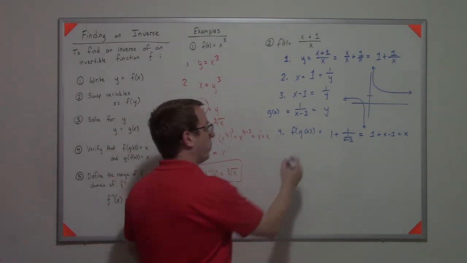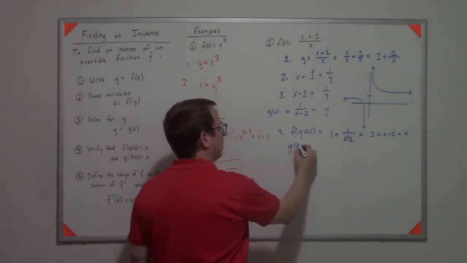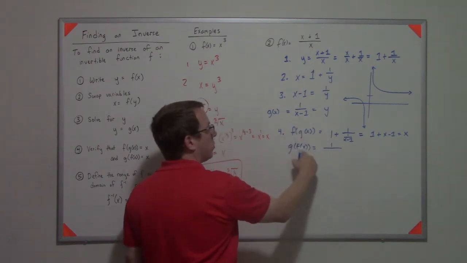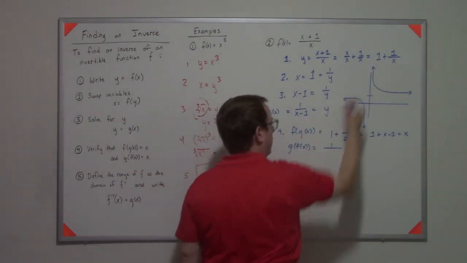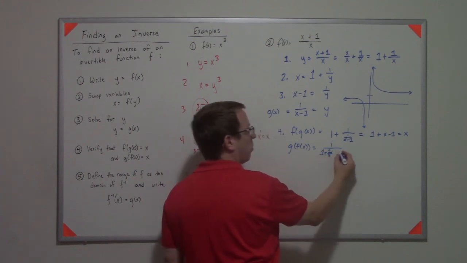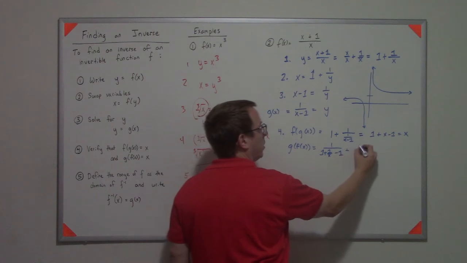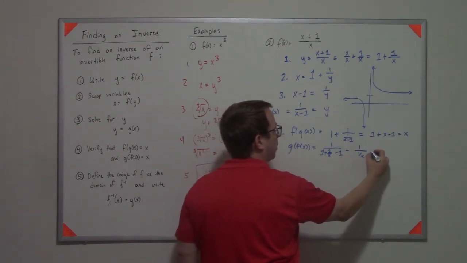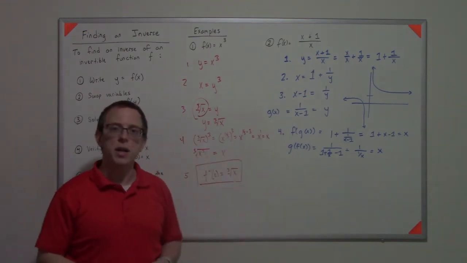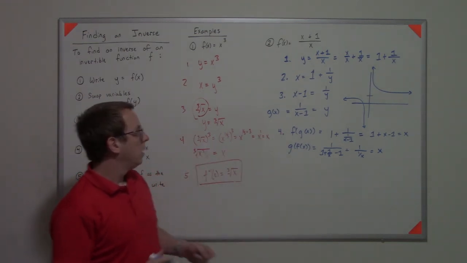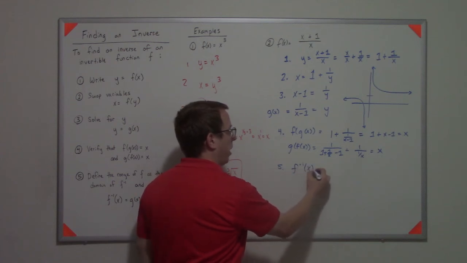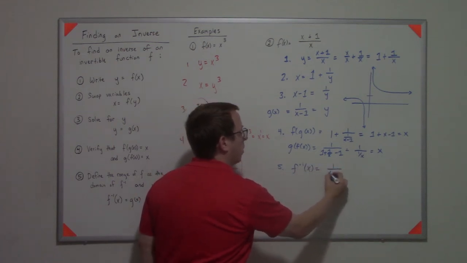Now for g of f of x, that's 1 over something minus 1. What I'm plugging in is 1 plus 1 over x, minus 1, which is 1 over x, which is x. So those two are satisfied. So I can say that f inverse of x is 1 over x minus 1.